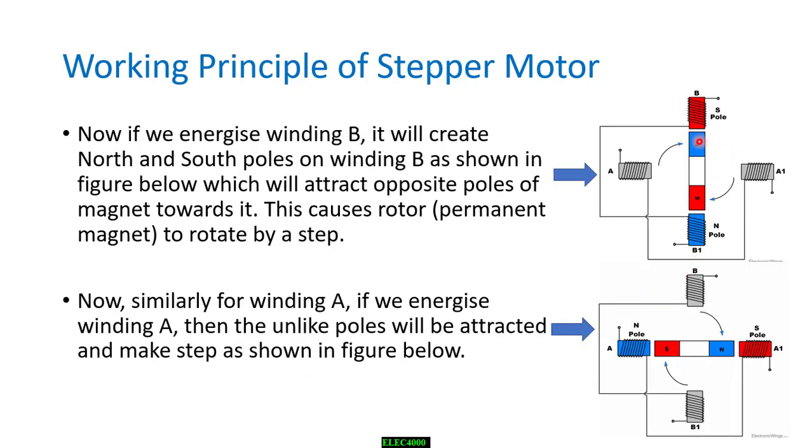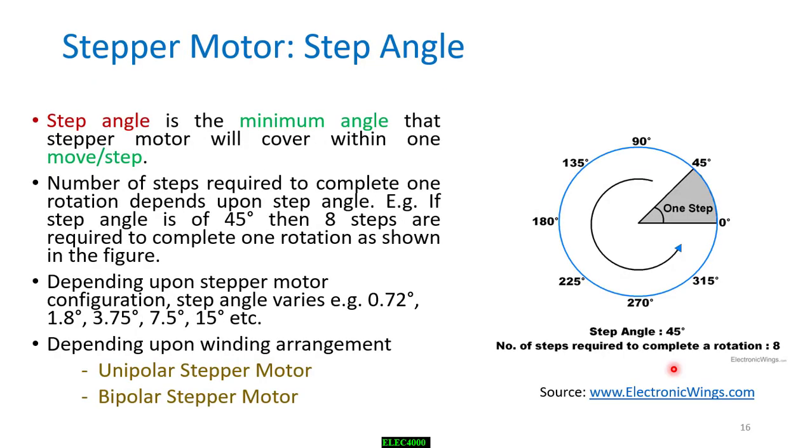So as you can see here, if this one is energized, then the motor will spin like this. Then we energize these two coils, then the motor will keep spinning. Now, the step angle depends on the stepper motor. Usually we have a step angle of 45.